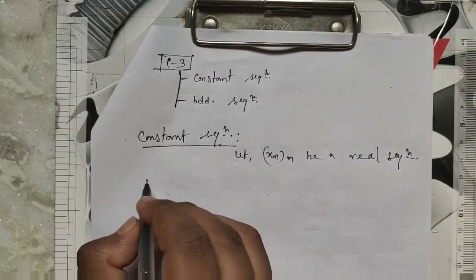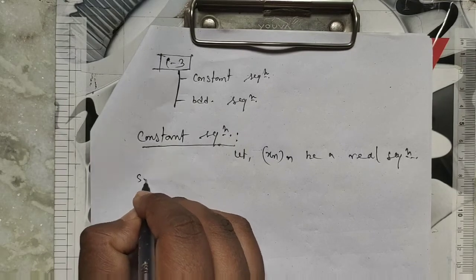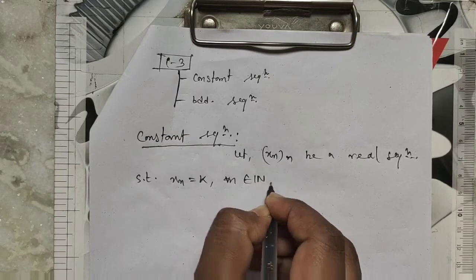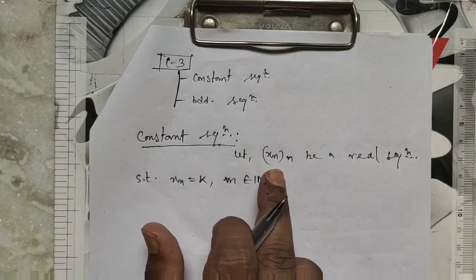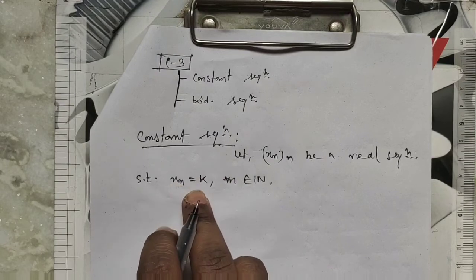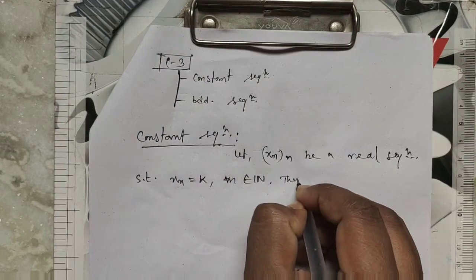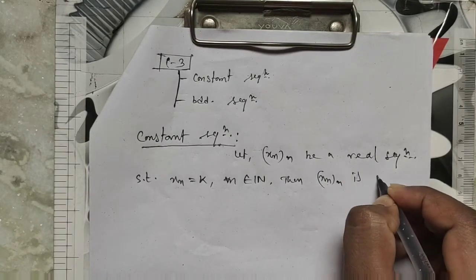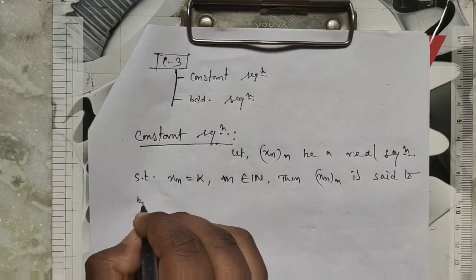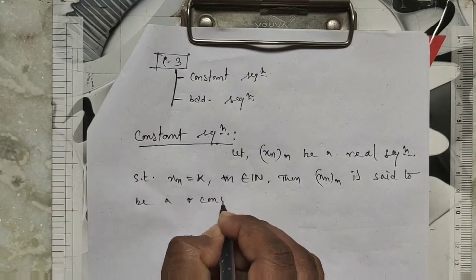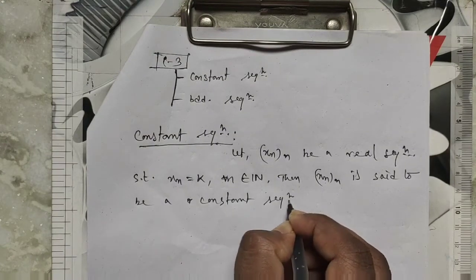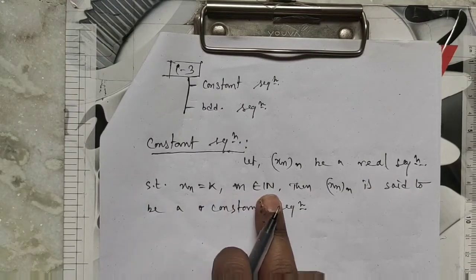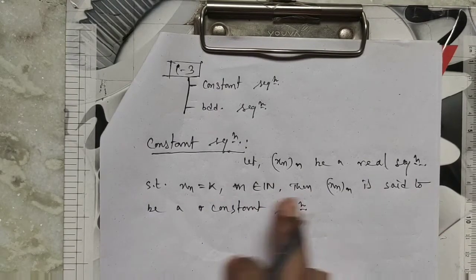Let xn be a real sequence such that xn equal to k for all n belongs to N. For every natural number xn equal to k, then the sequence xn is said to be a constant sequence.